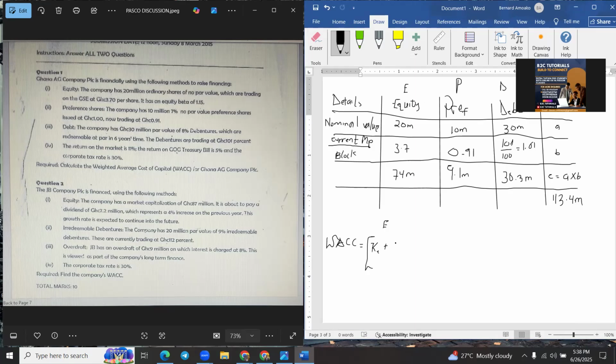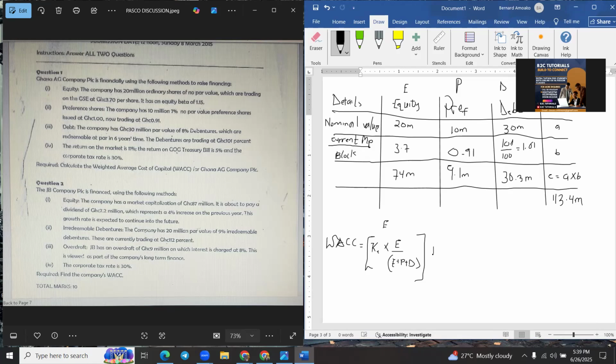So it says multiply KE by E over, bracket open, E plus P plus D, then you close bracket.